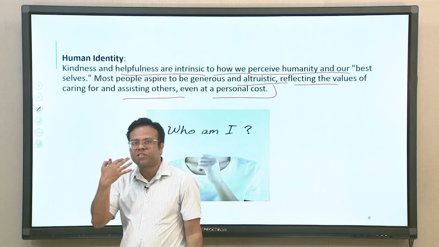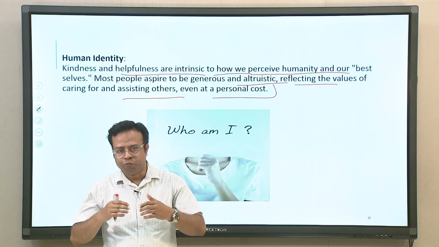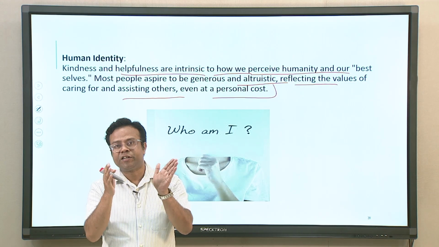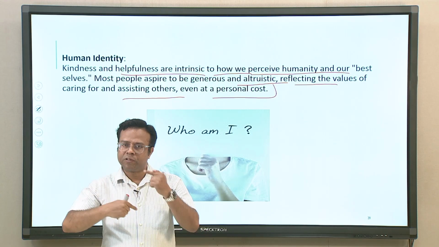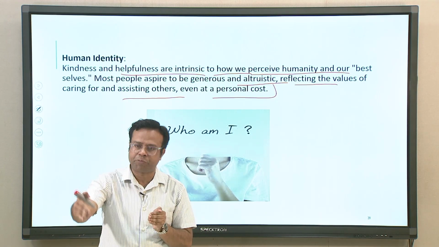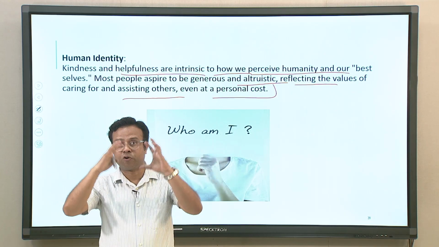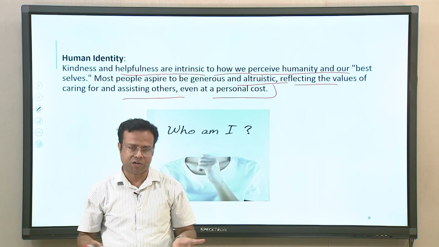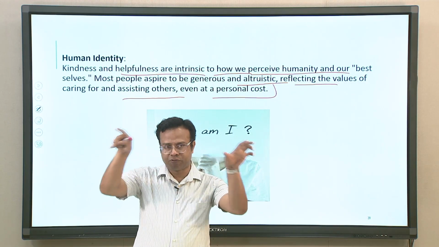We desire that our identity be associated with kindness and helpfulness, so people get motivated to engage in such behavior because of this identity that we consciously or unconsciously create, and it is rewarded by collective social norms.